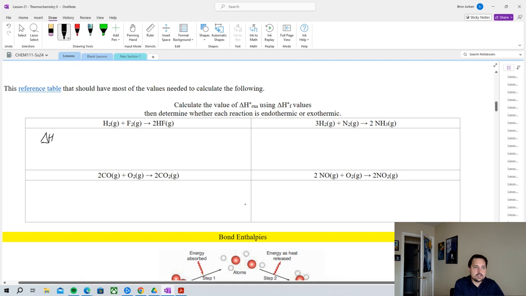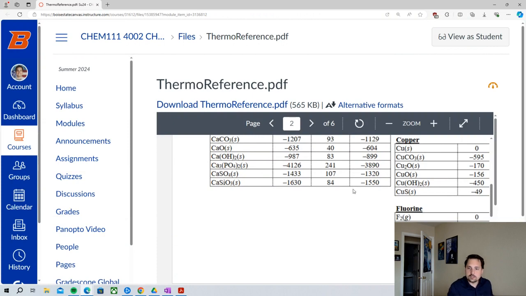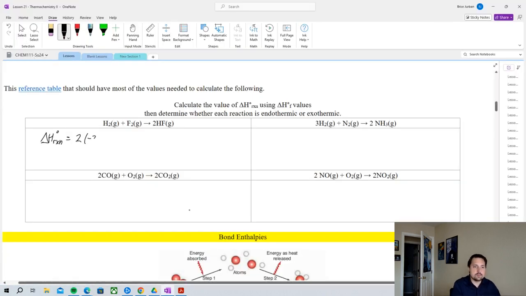So the delta H of this reaction is going to be equal to 2 times, I already forgot what it was, negative 271 kilojoules per mole. That's our products minus our reactants.